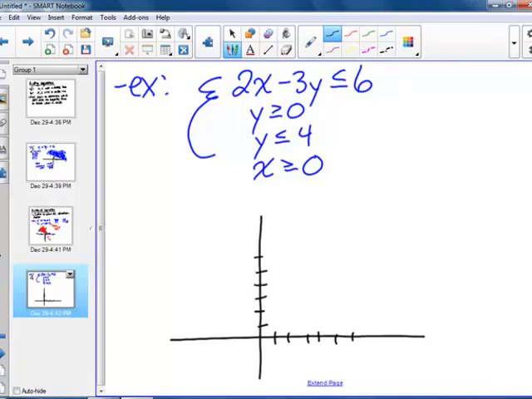So my first equation, let's do the intercepts way. When y is 0, x is 3. When x is 0, y would be -2. So (3, 0) and (0, -2), this should be solid.